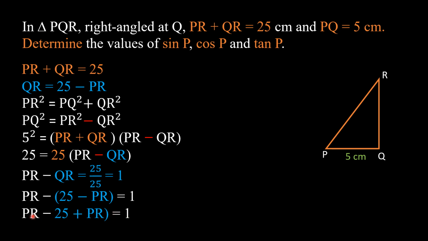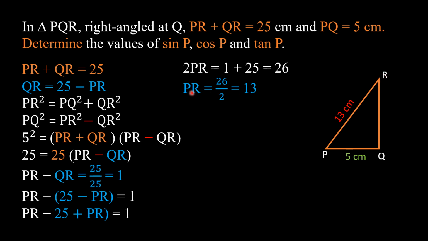Now PR plus PR is 2PR equals 1 plus 25. This minus 25 goes to the right hand side, becomes plus here. So it will be 26. So PR becomes 26 divided by 2, which is 13. Now we write PR equals 13 here.